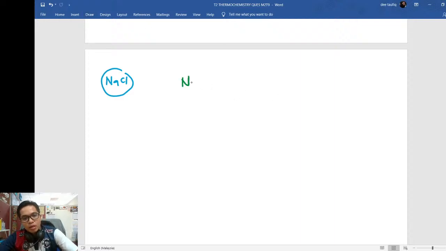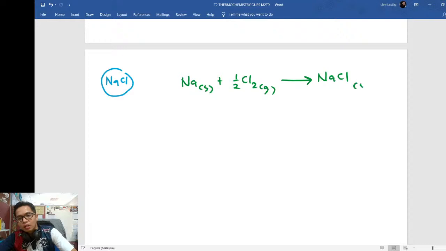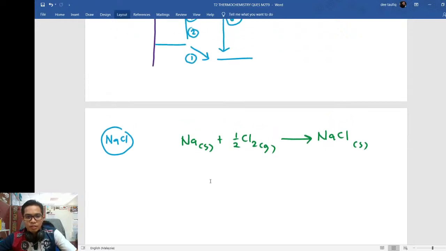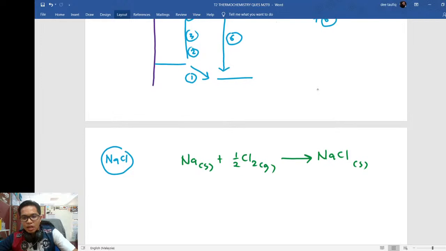So Na solid plus half of Cl2 gas molecule to produce NaCl solid. So if we are using the same numbering as above, so this is our delta HF number 1. This is delta HF, our number 1, sama dengan atas tadi.